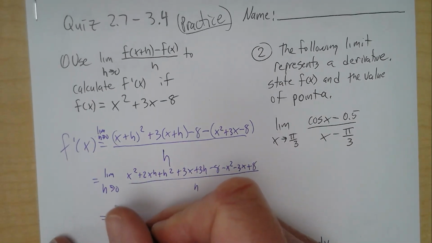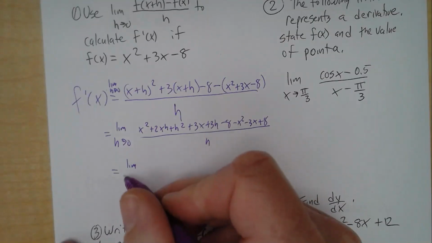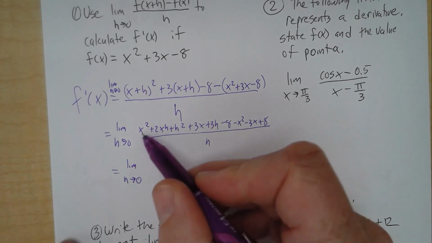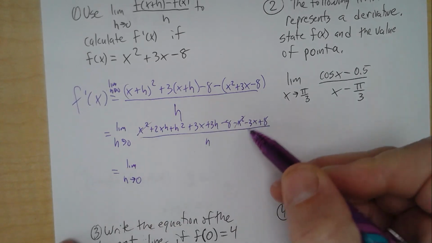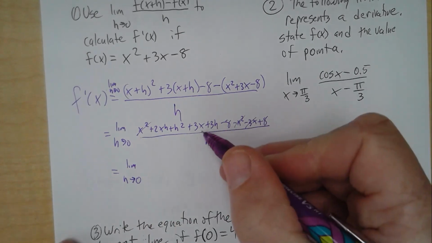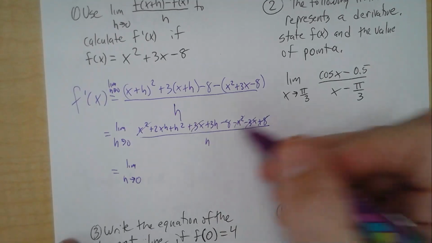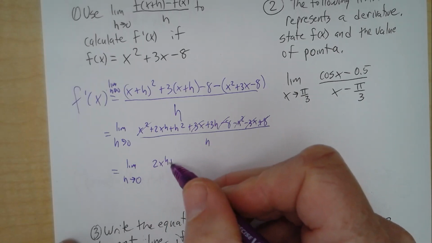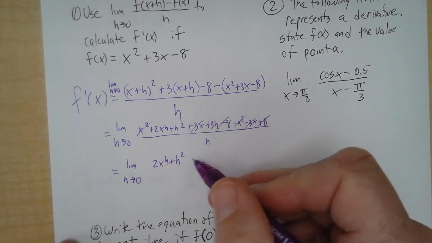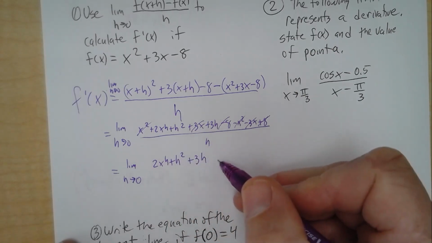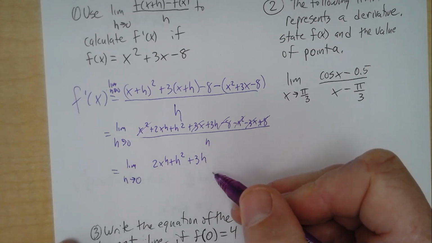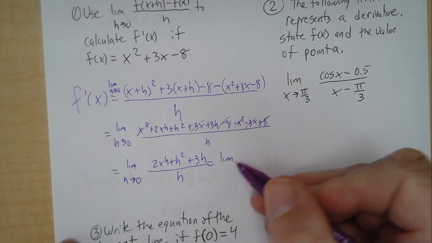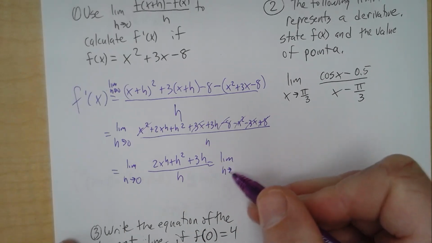You did enough of these that you should know that everything goes away except for terms with h in them. So the x squareds go away, the 3x's go away, the 8's go away, and we're left with 2xh plus h squared plus 3h, divided by h, with limit h drops to 0.